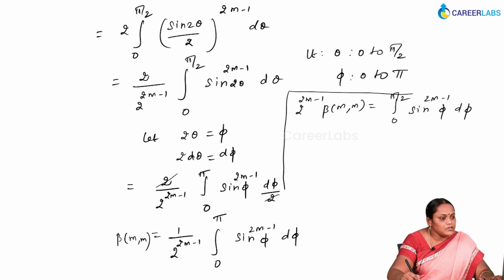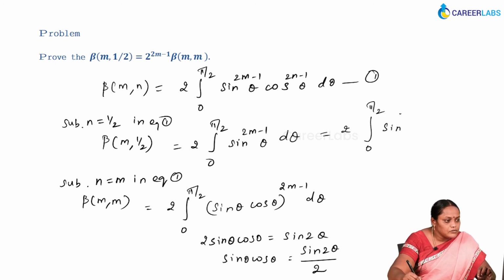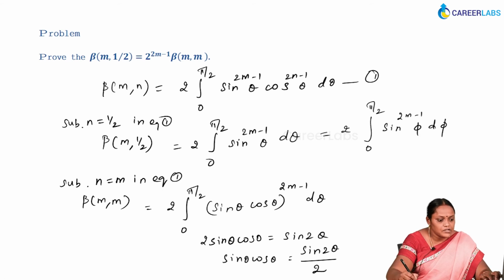So we have the result, that is, when you come to this part, beta of m comma half is equivalent to 2 times integral 0 to pi by 2 sine to the power 2m minus 1 theta d theta. So this can also be written as 2 times integral 0 to pi by 2 sine to the power 2m minus 1 phi d phi. So everything is equivalent.